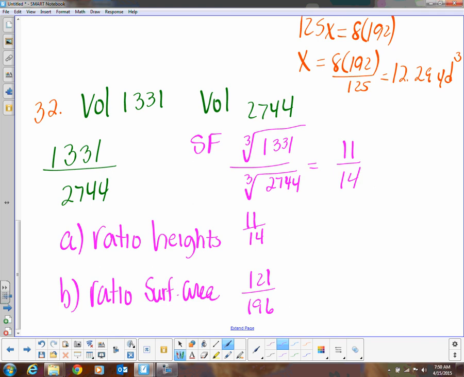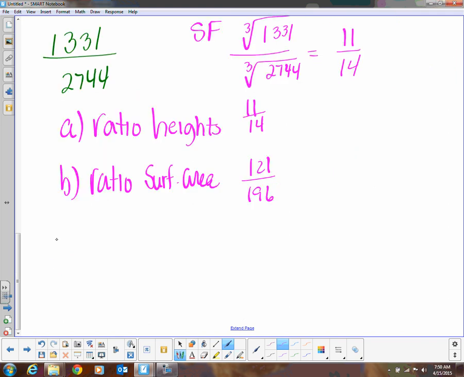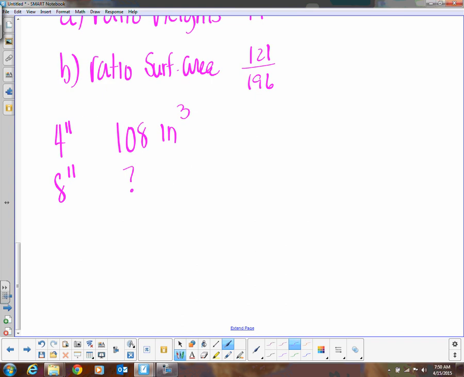A clown's face on the balloon is 4 inches tall when the balloon holds 108 inches. So the clown is 4 inches when the volume is 108 inches cubed. How much air must the balloon hold for the face to be 8 inches tall? So what's your first ratio?